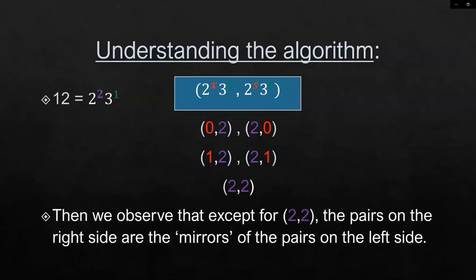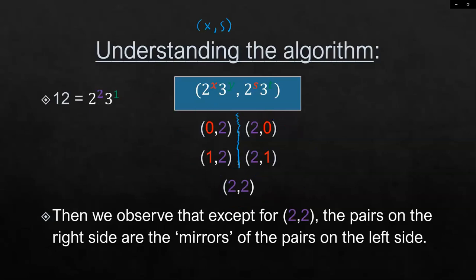And again, as you notice, we have 2, 2, and we have a mirror here. We have the mirror images. Right? This is just an observation we're making now. Okay. So all of the possible pairs of exponents for the powers of 2, which is x, s, are in this format right here.